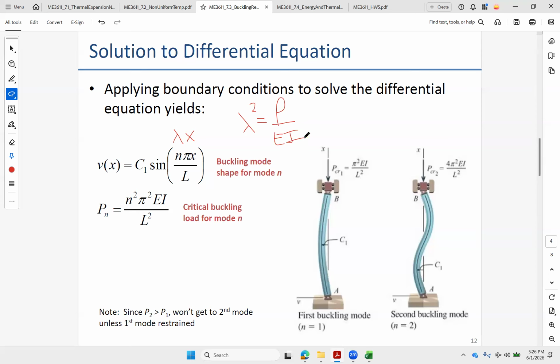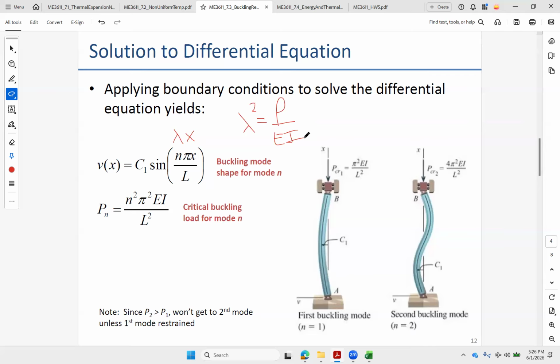That came from our substitution for the differential equation. And that tells me n pi over L squared quantity needs to equal this. So I can solve that right there. I see the n, the pi, and the L all got squared. Multiply it by EI, and here's my P critical for buckling for a certain mode.